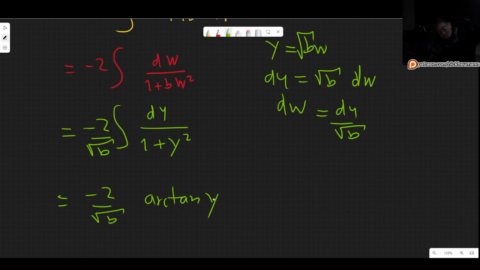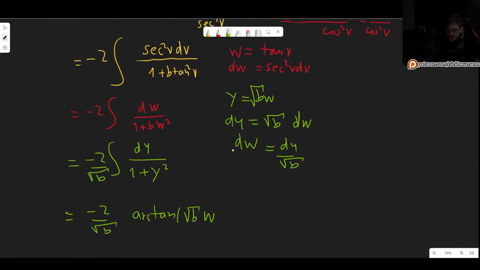But what is y? y is the square root of b times w. But what is w, right? Well, w is the tangent of v. So this is the tangent of v. But what is v?